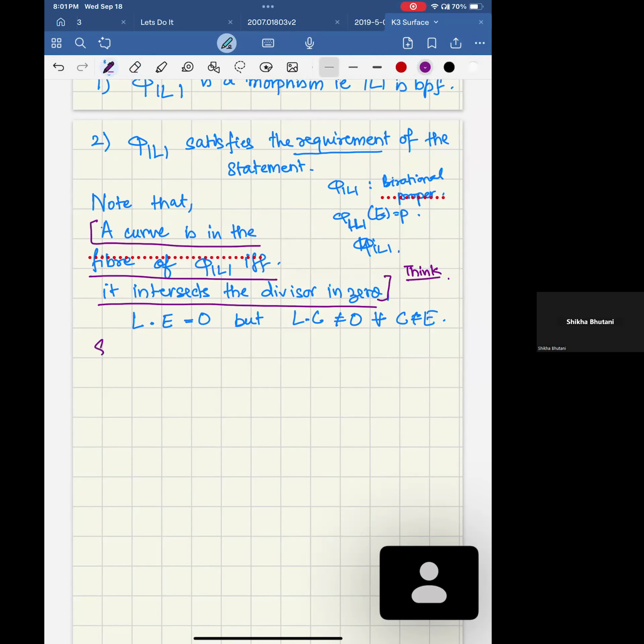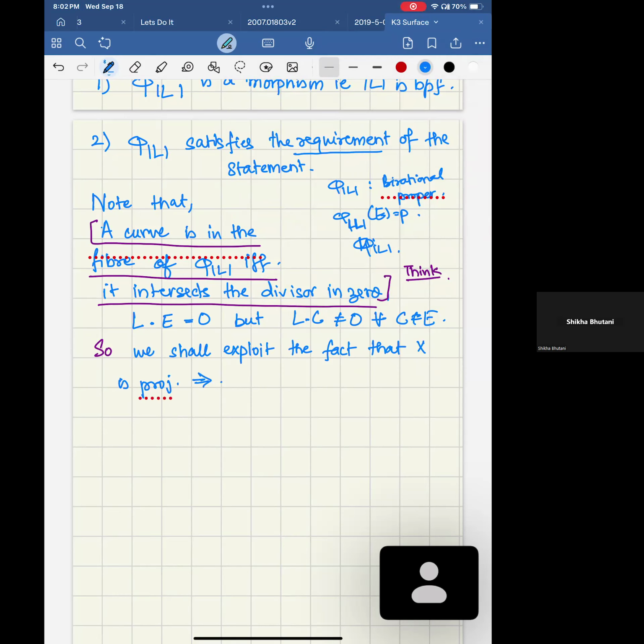Okay, so let's begin. So the first thing that we require over here is we need to find an L which intersects E in 0 and any other curve C nontrivially. So we shall exploit here the fact that X is projective, and how would we exploit that?